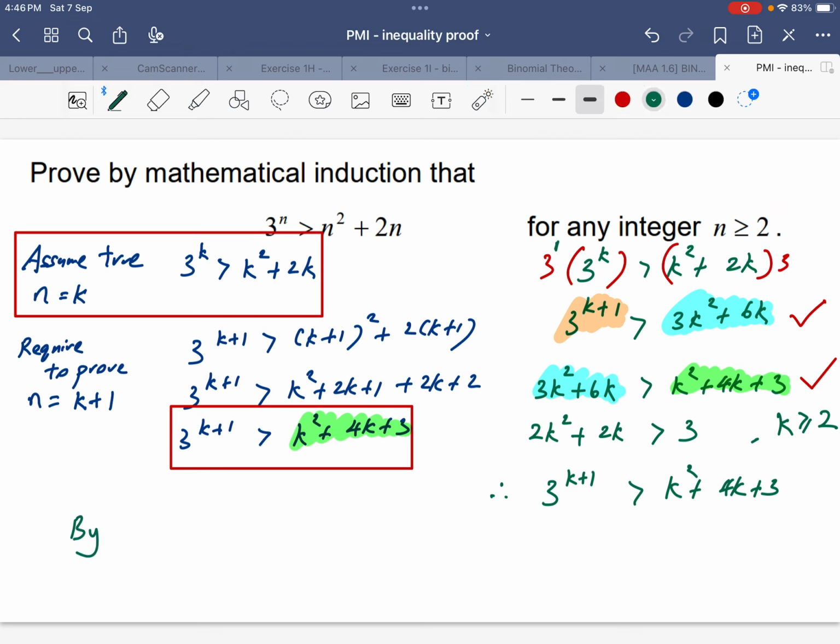So the final conclusion by PMI, proved by mathematical induction, the proposition of n is true for n greater than or equal to 2, where n is an integer. That's it. That's the idea of PMI.